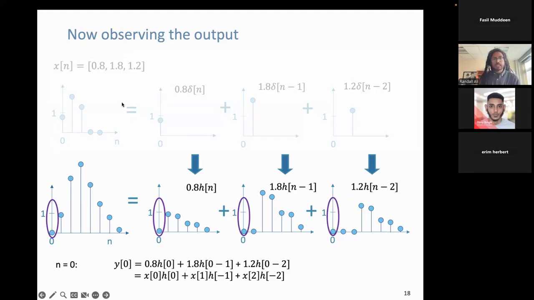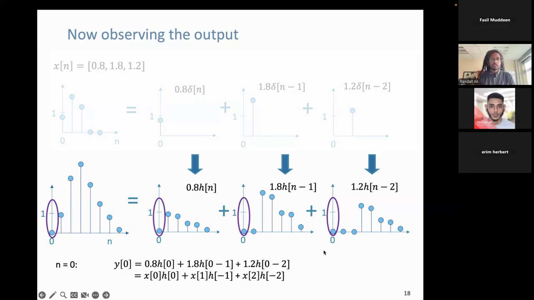This 1.8 is x of 1, that second value of x. And x2 is 1.2 here. So this is x0 h0, plus x1 h minus 1, plus x2 h minus 2. This is just writing what we see visually in terms of indices here.